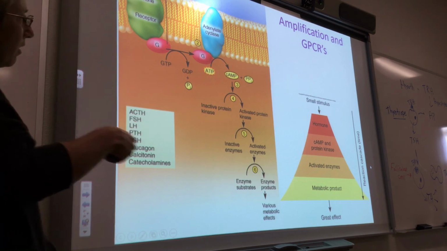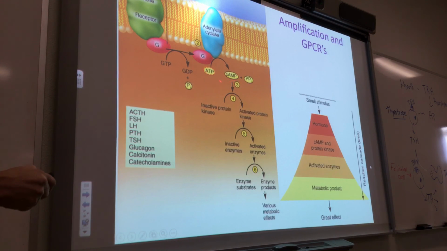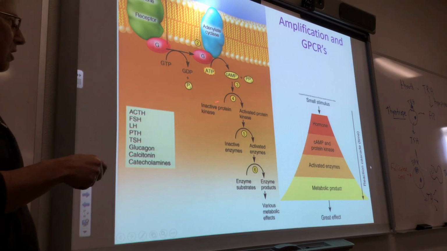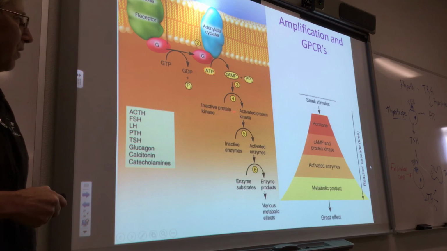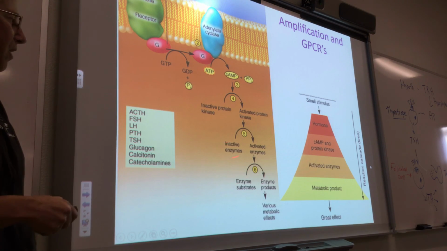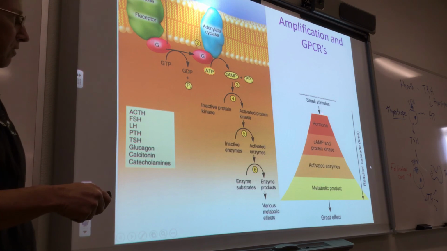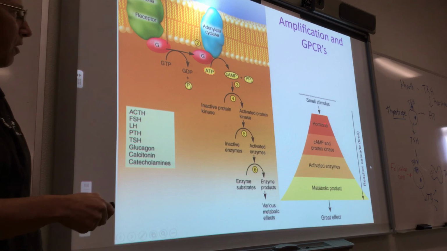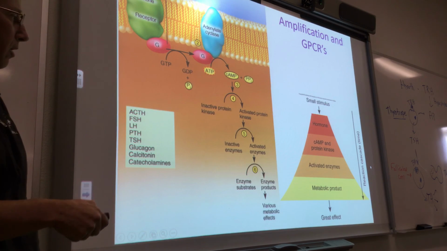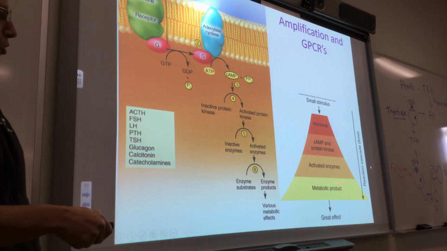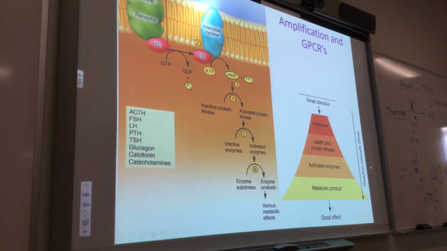Each one of those 100 adenylate cyclases is making cyclic AMP. A single cyclic AMP molecule can activate 1,000 inactive protein kinases. And then those active protein kinases can each activate 10,000 inactive enzymes, etc. So you get this amplification effect. One hormone can give you a huge metabolic effect in the end.